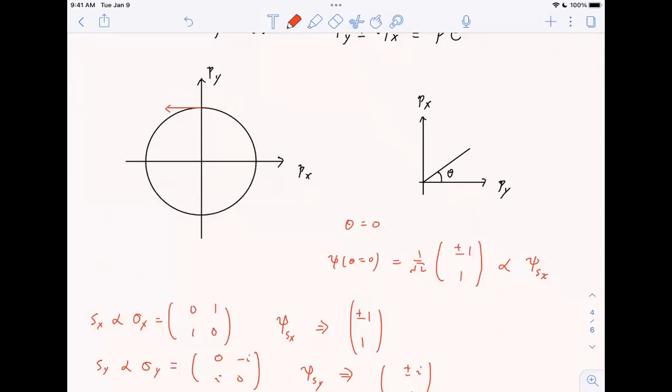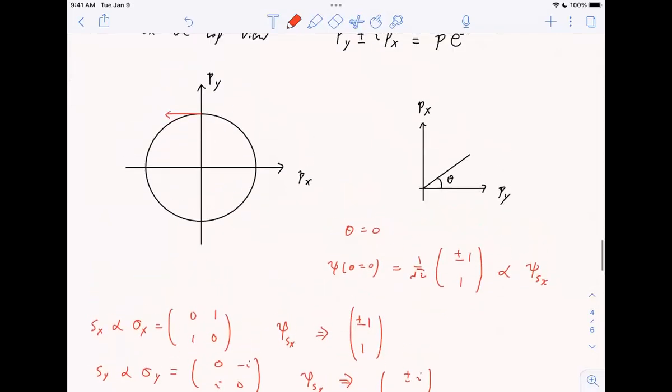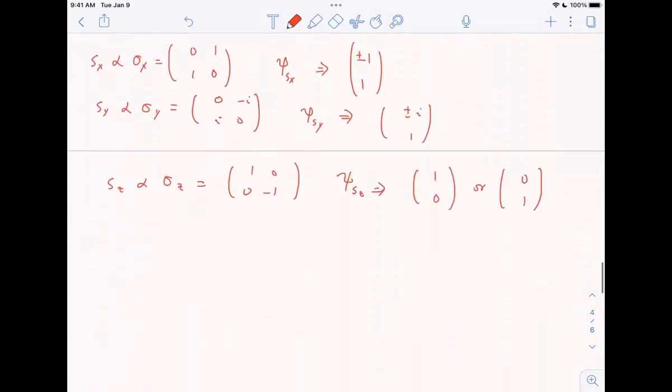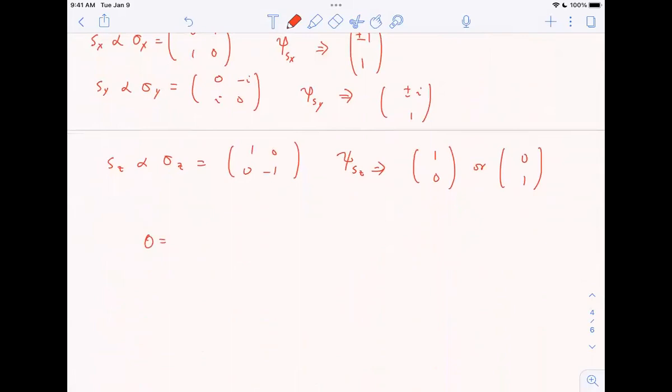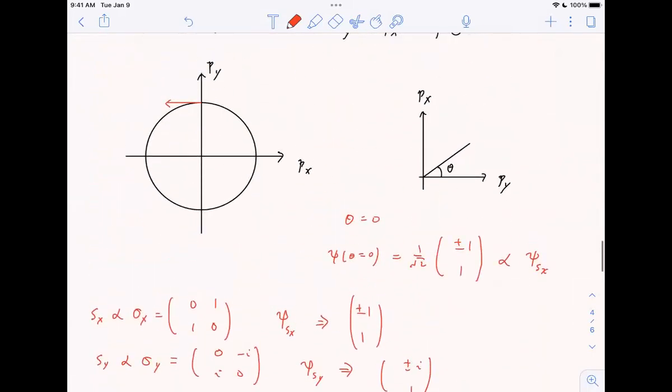Okay, so now let's look at theta equal to pi over 2. If theta equal to pi over 2, then theta will be in the px direction.